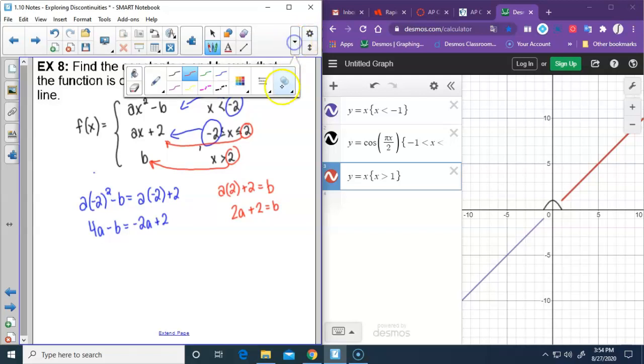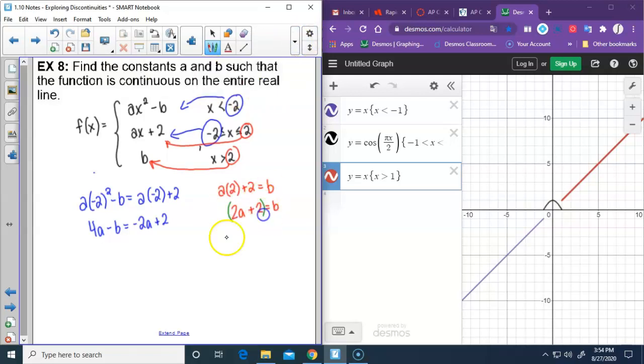So this tells me that b equals 2a plus 2. So I could go over here and replace my b with 2a plus 2. So that'll give me 4a minus (2a plus 2) will equal negative 2a plus 2. And now this equation only has a's. So we've got 4a minus 2a minus 2 equals negative 2a plus 2.